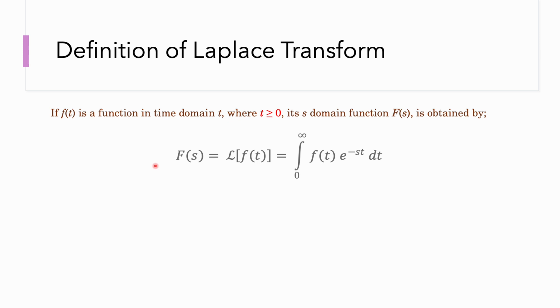The Laplace of the time domain function is the integration from 0 to infinity of f(t), multiplied with exponential of negative st, dt. The symbol L here is known as the Laplace operator.